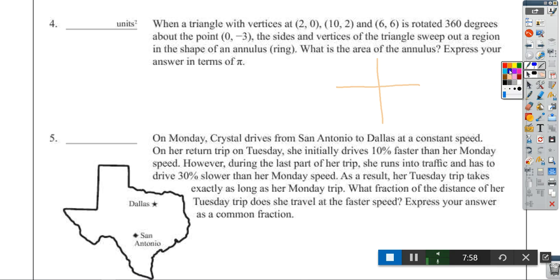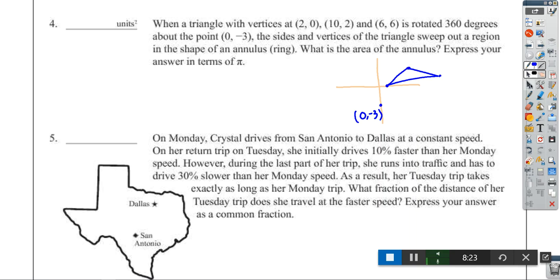So 0, -3, let's say it's about here. Then I'm going to locate the approximate locations of these points: 2, 0, 10, 2, and 6, 6.